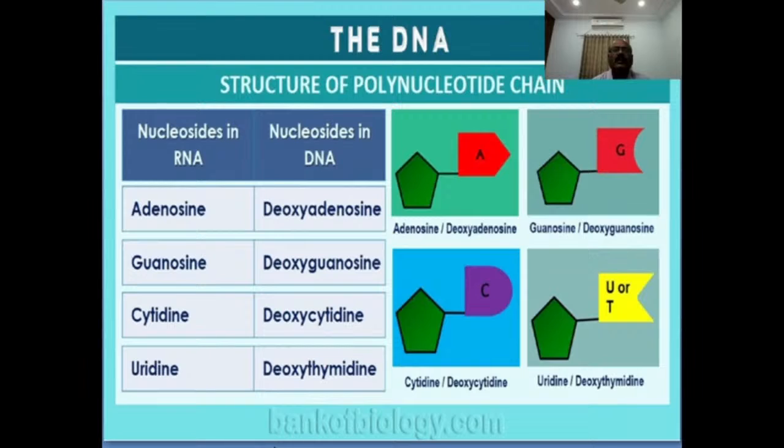So, in RNA, 4 types of nucleosides: adenosine, guanosine, cytidine, uridine. In DNA, deoxyadenosine, deoxyguanosine, deoxycytidine, deoxythymidine. So, these are the different types of nucleosides in DNA and RNA.